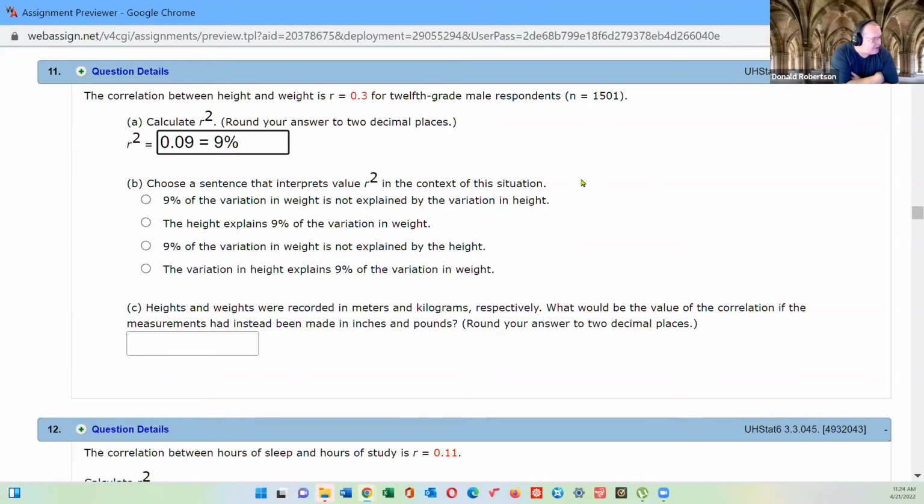So evidently the height and the weight of 12th grade males is very unpredictable, right? Couldn't you get a 6-foot skinny beanpole guy and a 6-foot sumo wrestler guy? So for the same height, couldn't you have a huge variation in their weight? And can't you have a small bodybuilder guy and a small beanpole guy? The same thing is true at that end. So I guess that's what it's telling me.